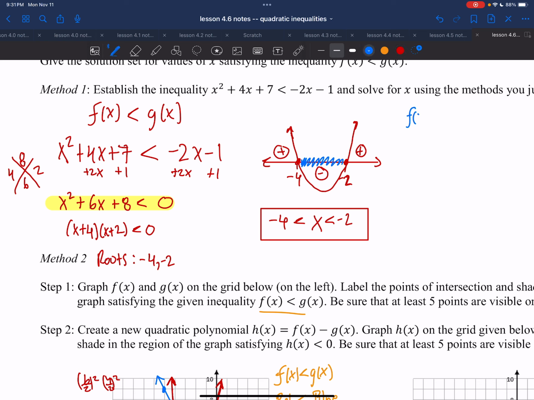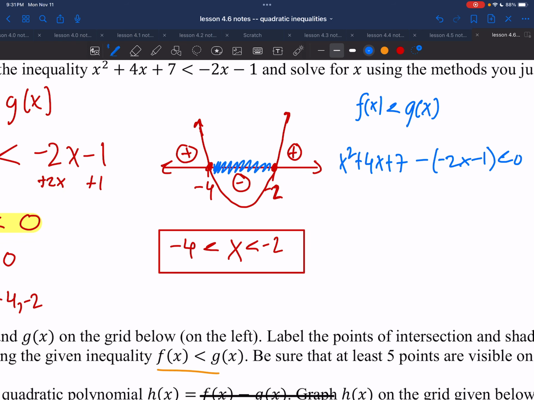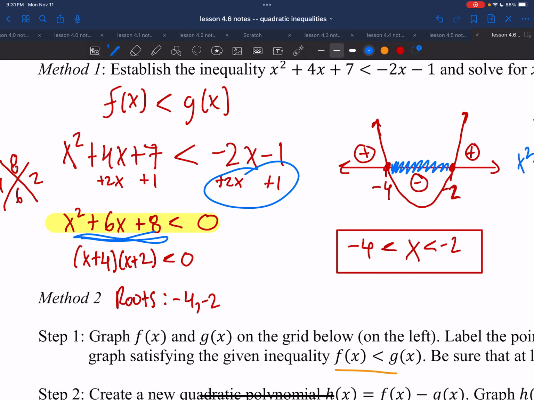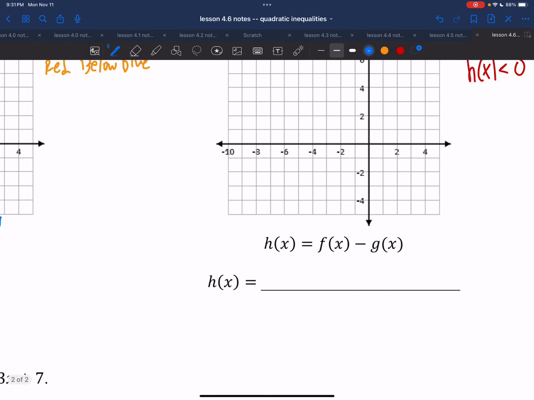If you had f less than g, so f of x is this function, but then you're subtracting what g of x is, which is -2x minus 1, then this is like plus 2x plus 1, which is the inverse operations we did right there. So that's why this is the difference between those two functions.